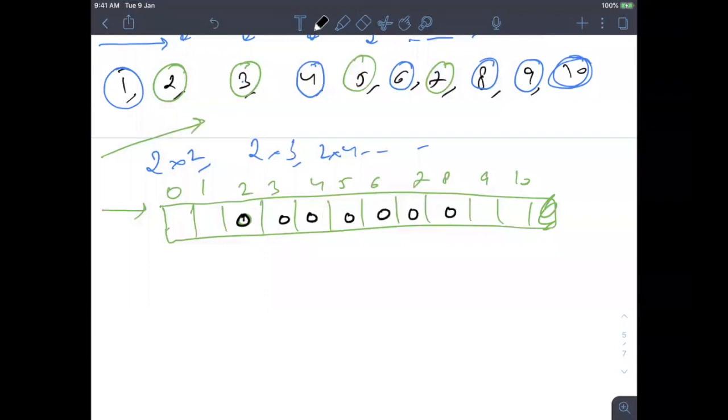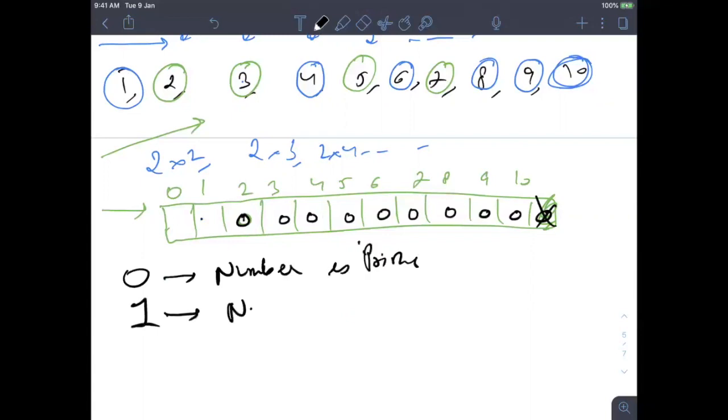So this is a circle for me. 0 means the number is prime. 1 means the number is not prime. Initially I only know that 0 is not a prime number and 1 is not a prime number, so I'm marking those as 1. But all these other numbers are prime for me.